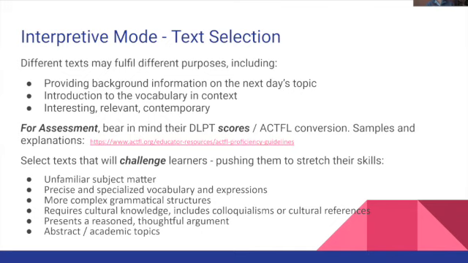So the next day you're going to be talking about environmental issues, so you find a great text that has lots and lots of the vocabulary that you're going to be using the next day. That's a great reason to select a text. And sometimes you find something that you personally find really interesting, relevant, something that gives them insights into contemporary issues. That's also a great reason to give them a text.